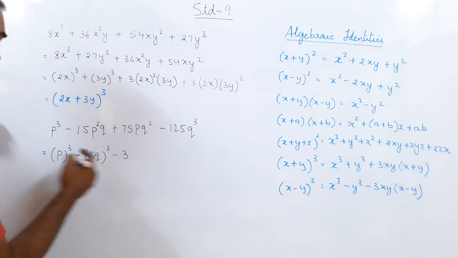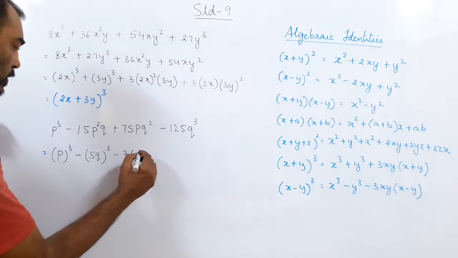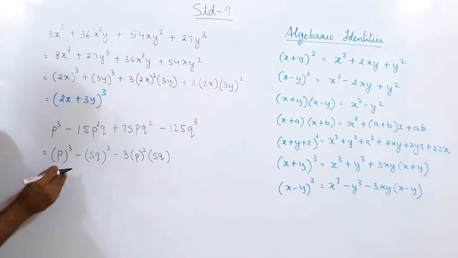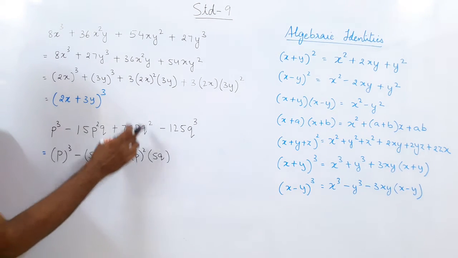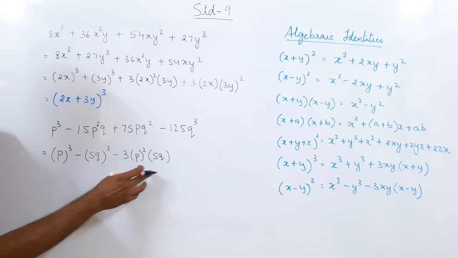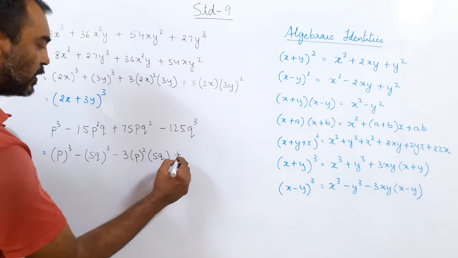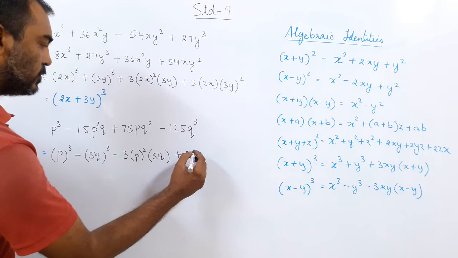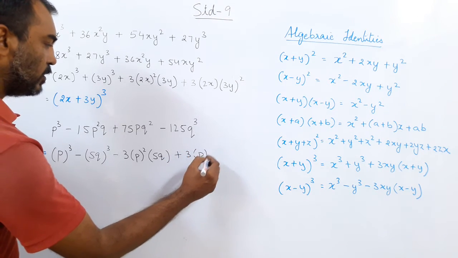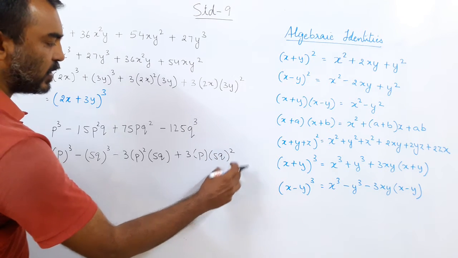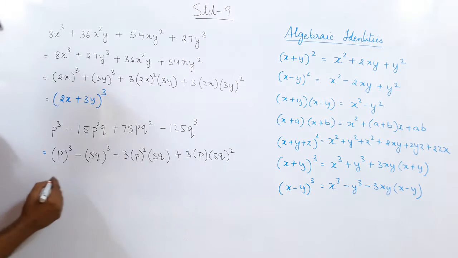How do we write this? 3 into p square into 5 cube, because the first term is p and 5 cube. So p square, x square, so p square 5 cube. 5 ones are 5, 5 3s are 15. So 15 p square plus 3 p into 5 cube the whole square. So 5 square is 25, 25 3s are 75 p square.